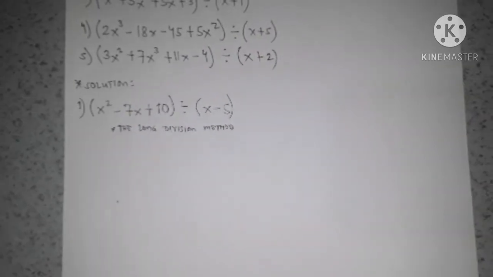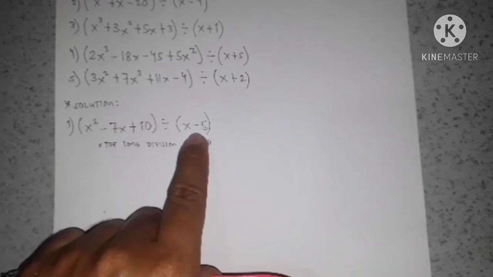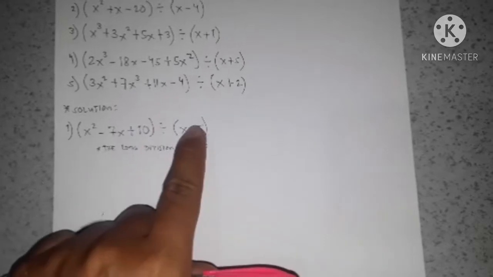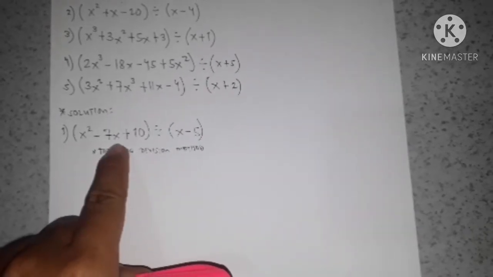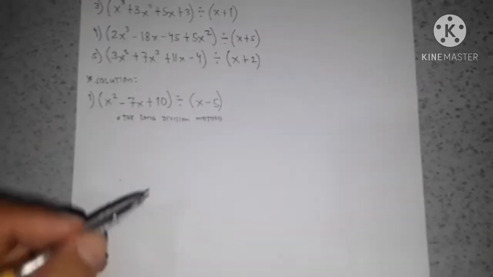Okay, so step 1, arrange the terms of the dividend and the divisor in decreasing powers of the variable. So, as you can see, nakasulat naman sila in standard form. Walang missing term dun sa dividend, wala din sa divisor. So, proceed tayo dun sa pangalawang step.